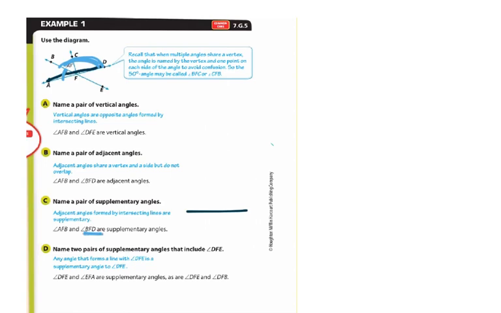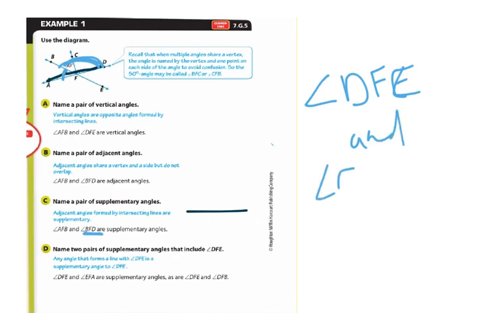If we wanted to, though, we could flip it, and we could say that angle DFE and angle EFA are supplementary because, again, they form that nice straight line. All right, and then example D has us doing something similar, but now using a specific point.